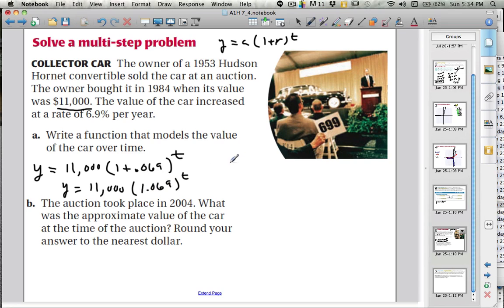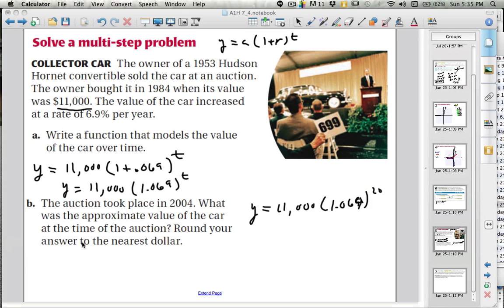Okay, if the auction took place in 2004, what's the approximate value of the car at the time of the auction? So how much time has passed? From 1984 to 2004 is 20 years. So I'm going to plug 20 in for my time. So I'll have 11,000 times 1.069 to the 20th power. So I'm going to have to do the exponent first. I'm going to whip out a calculator here.